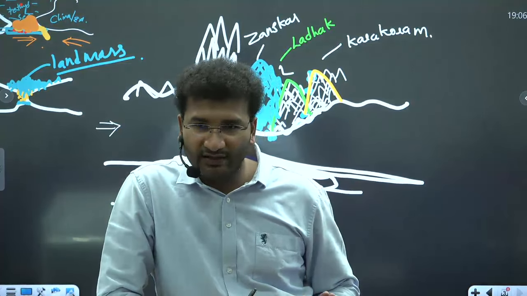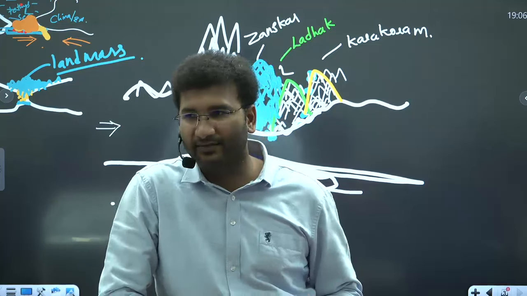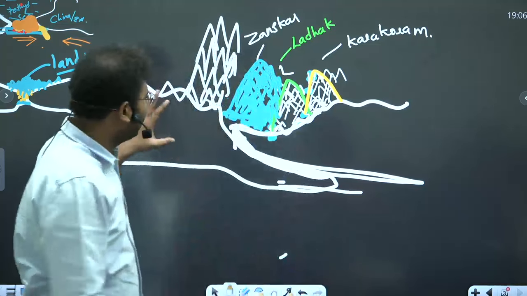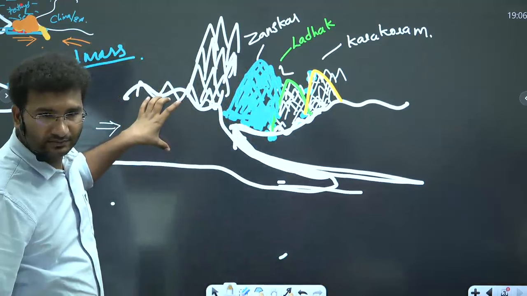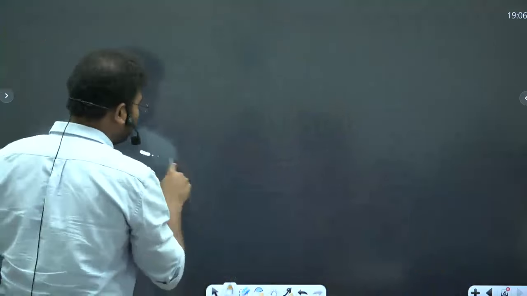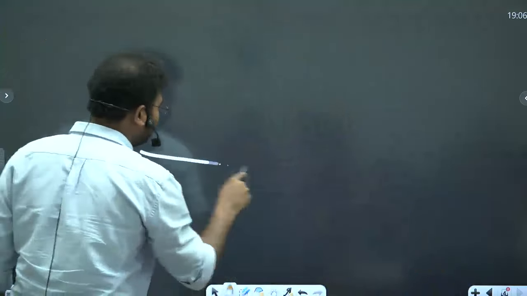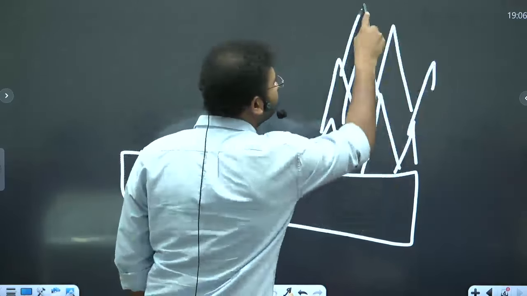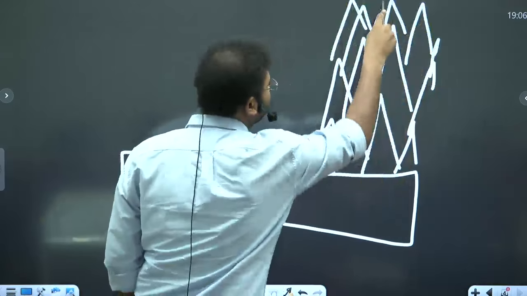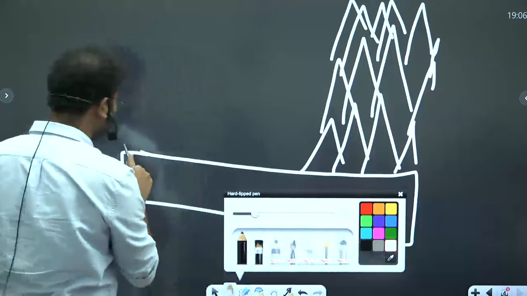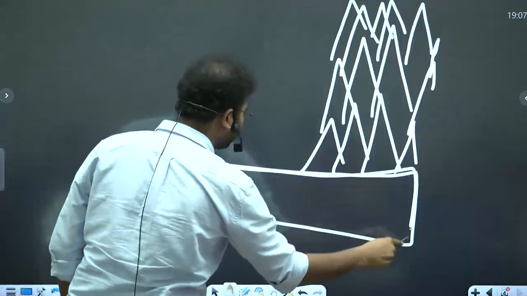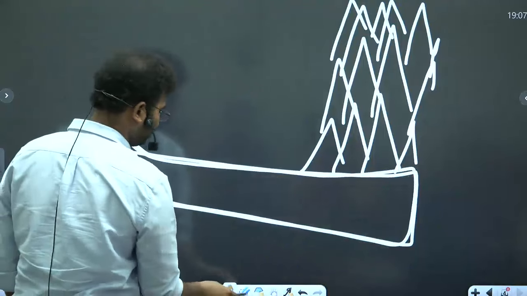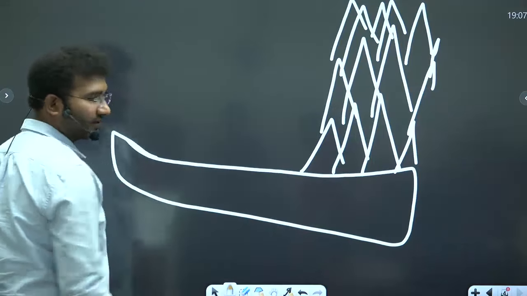Okay? Now what are these 4 folds? Let me try to explain. See, isn't this a plate? Let's imagine this is a plate. Right? On this plate, if I am adding more and more weight here, don't you think the shape of the plate can change? Right?